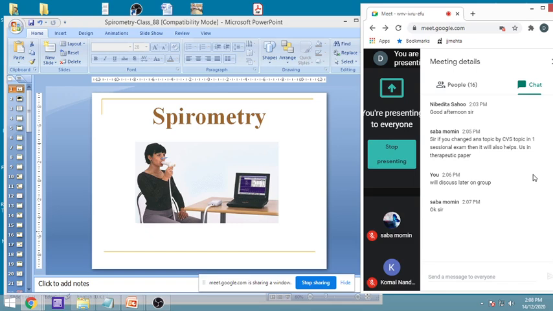APHE, various respiratory volumes and capacities? Can anybody tell me something about it? Already I told you to go through this. Can anybody tell me something about it?